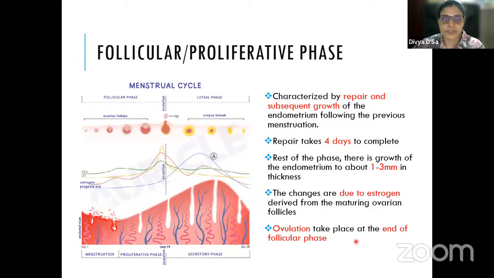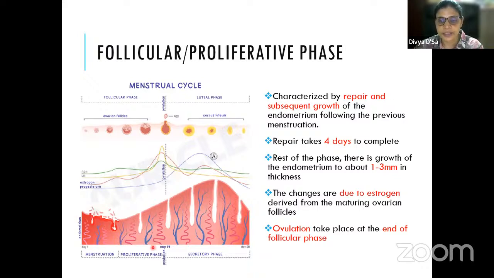So here what happens is, soon after the menstrual period, that is after the menstruation, the next phase is this proliferative phase. It is characterized by the repair and subsequent growth of the endometrium following the previous menstrual cycle.